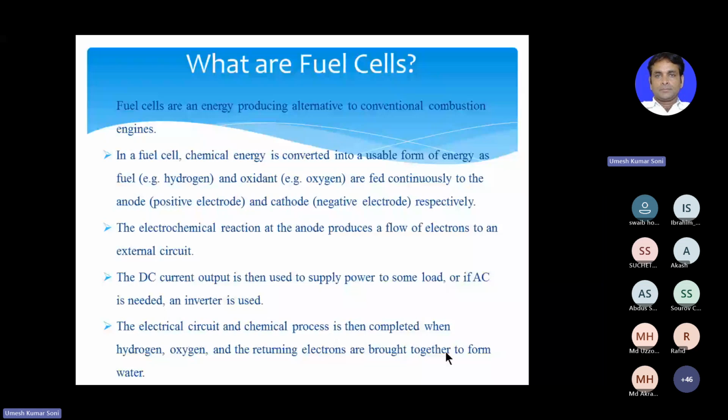These electrons do not travel through the electrolyte, but travel from the external conductors, and they come out of the load. And during the exchange, the electrolyte works as the medium for transfer of the protons generated from the hydrogen gas.